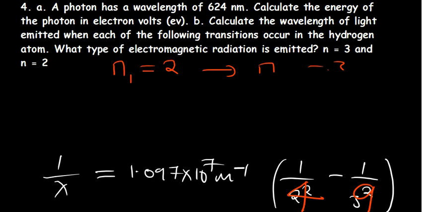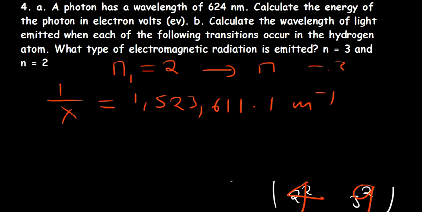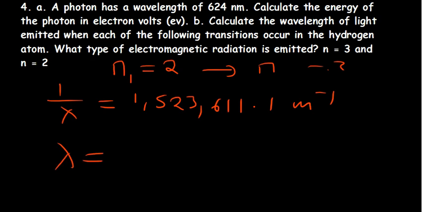So we have 1 over our wavelength being equal to 1523611.1 meters negative 1. We can make wavelength the subject, and since it's a reciprocal, we just divide 1 by whatever we have.